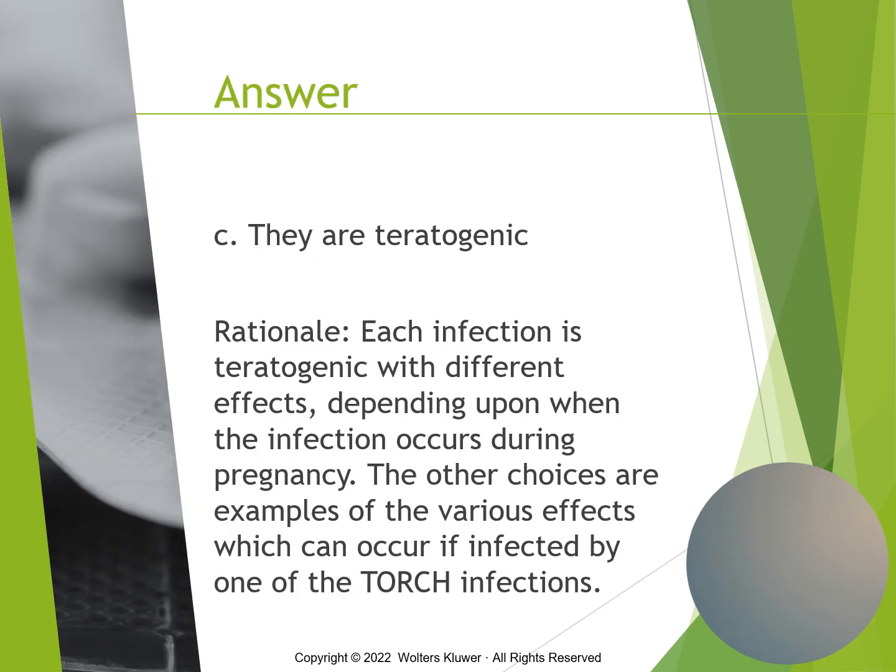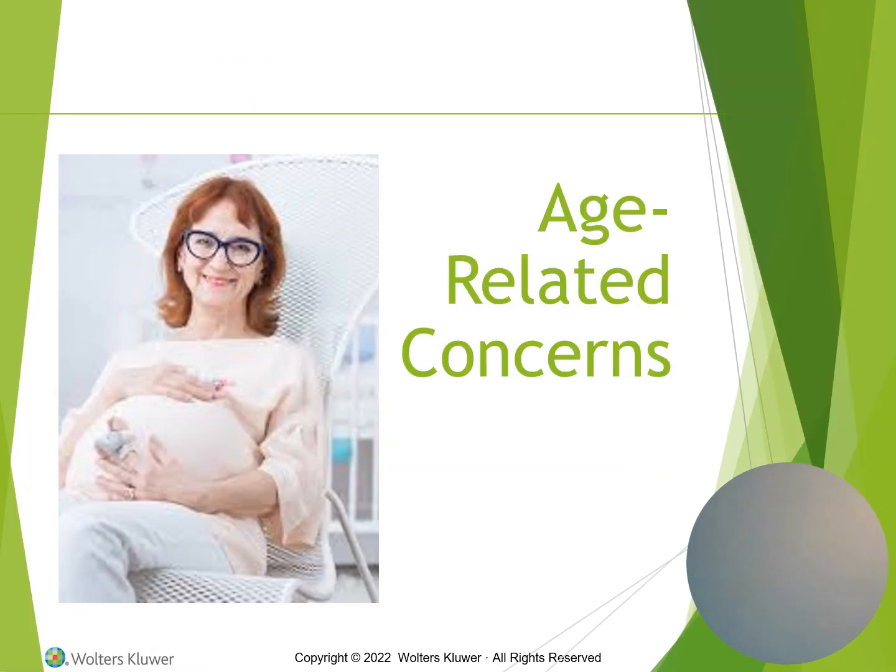They are teratogenic. There are some age-related concerns that you need to be aware of. We know that typical childbearing years encompass age 15 through 44, although it can occur outside of those times.